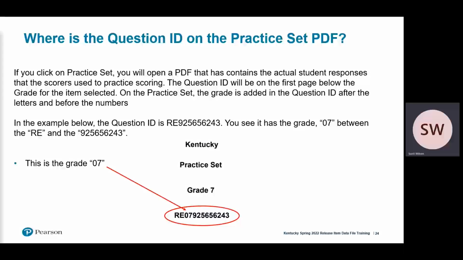Similar to the annotation form, on the practice set, the grade is added between the letters and the numbers on the item number. So we have the same question ID that we had before. And again, you will see the grade 07 between the RE and the 925656243 listed here.